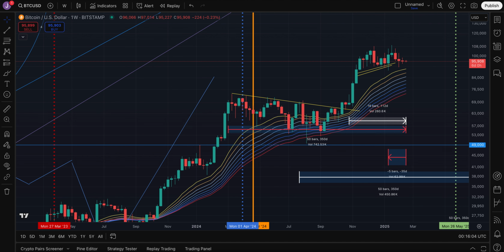Because a lot of people start to take profits in that area, and the most common thing to do in a bull cycle is to take it back into Bitcoin.